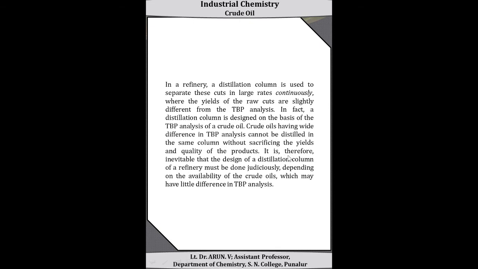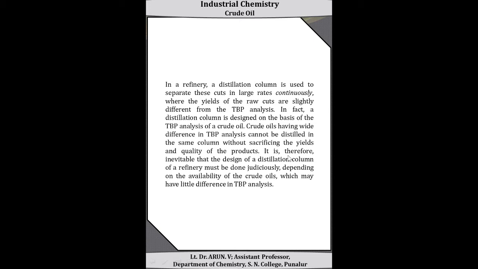In a refinery, distillation is usually used to separate the different cuts or fractions in large quantities continuously. Here, the yields of the raw cuts are slightly different from that of TBP analysis. In fact, a distillation column is designed on the basis of TBP analysis of the crude oil.